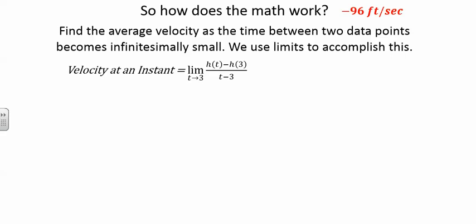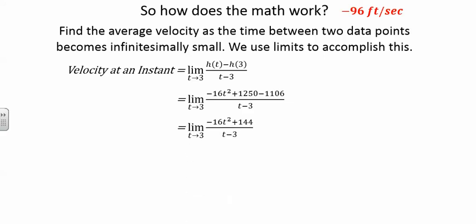Get it? Here's what it looks like. We have our formula, which is essentially the slope of a line between the variable point and the fixed point. Now, we want to evaluate this ratio as the value of the independent variable, t, approaches 3, but doesn't become 3. Because if it did, the denominator would be 0 and the value would be undefined. Now, watch what happens as we substitute the actual function for h of t and 1106 for h of 3, and then simplify.